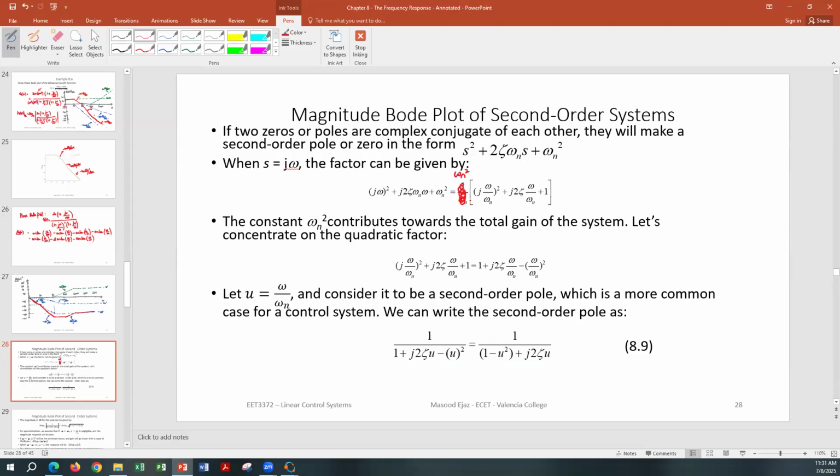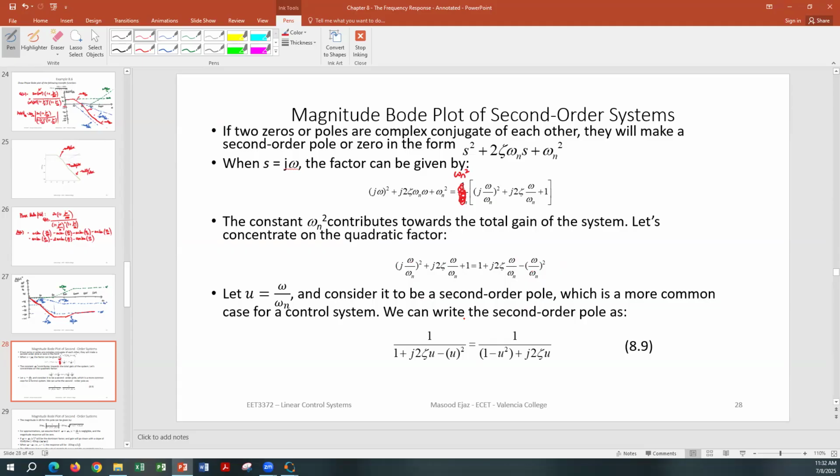The constant omega n squared contributes towards the total gain of the system, so we don't really have to concentrate on that factor. We have to concentrate on the second order system, which is j omega over omega n squared plus j 2 zeta omega over omega n.